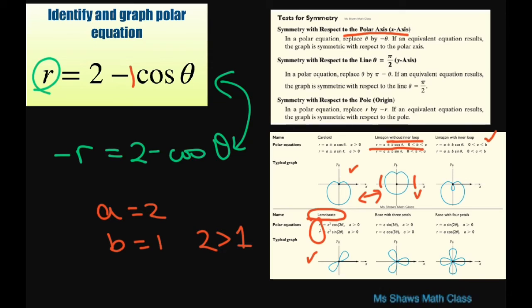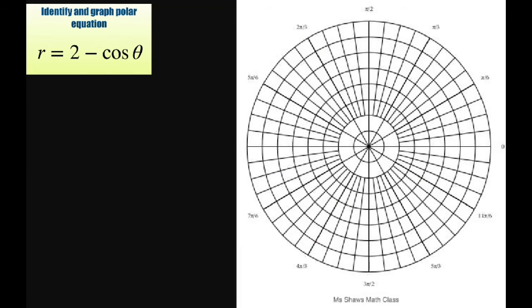So let's go ahead and graph it. Since it's symmetric to the polar axis, we're going to assign values to theta from 0 to pi. So we set up a table and assign values.